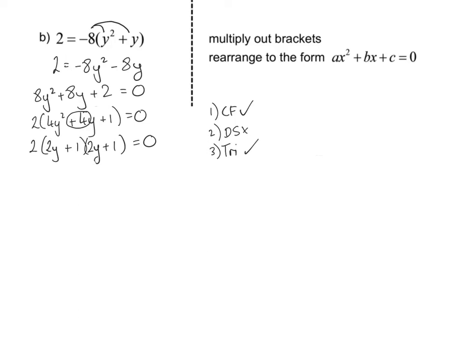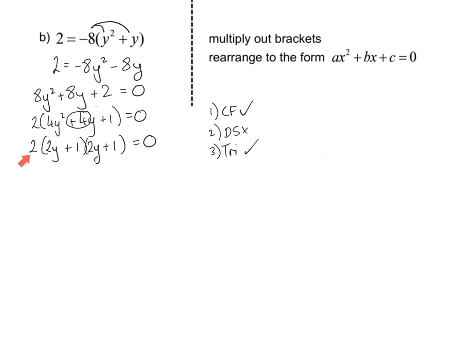Again, we've got three parts here. We have our 2, our bracket, and our bracket equal to 0. So these three things multiplying to give 0. Now normally when three things multiply to give 0, then at least one of the three things must be 0.